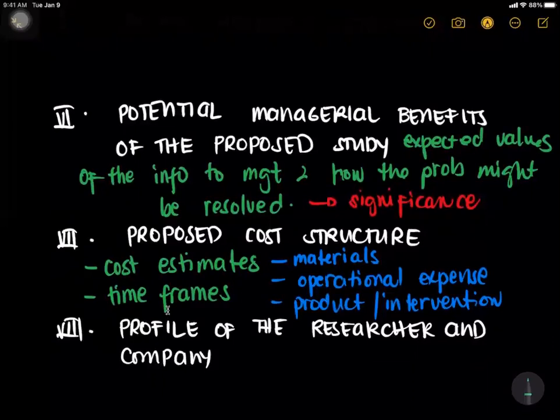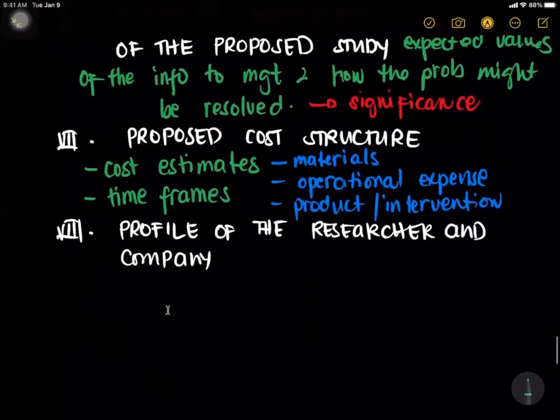And finally, your number eight is the profile of the researcher and the company. It's like a curriculum vitae, presenting your credentials to the sponsoring organization so that they may be more convinced to fund your research.